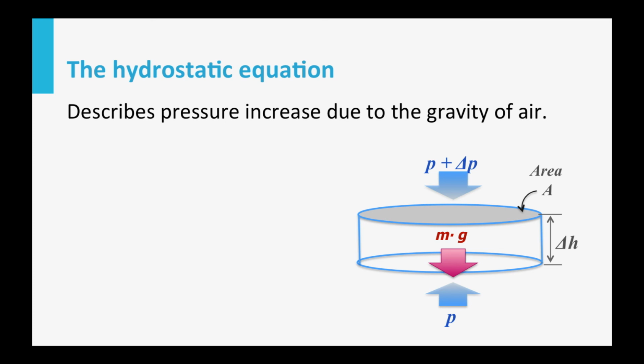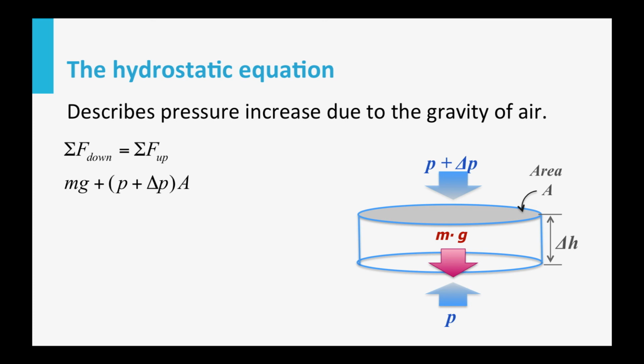So, I said it is in equilibrium. What does it mean? If the disk of air stays in the same position, this basically means that the forces in the downward direction need to be equal to the sum of the forces in the upward direction. Let's look at what the forces are. First, the forces downward. First of all, we have the gravity. Second, we have one of the pressure forces, P plus delta P, also acting downwards.